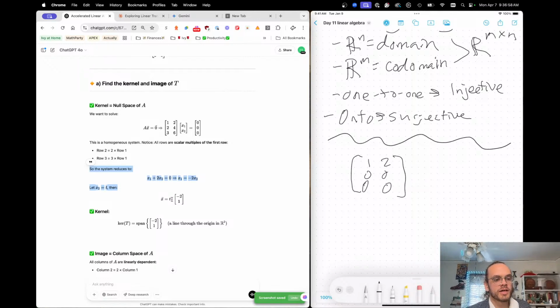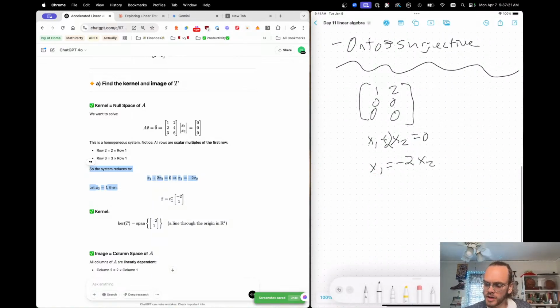Which means I'm going to have x1 plus 2x2, because it's a 2 on top. So x1 equals negative 2x2. I want x2 to equal t. So therefore, it's going to be t times the vector of x1 and x2. I get -2 and then 1.